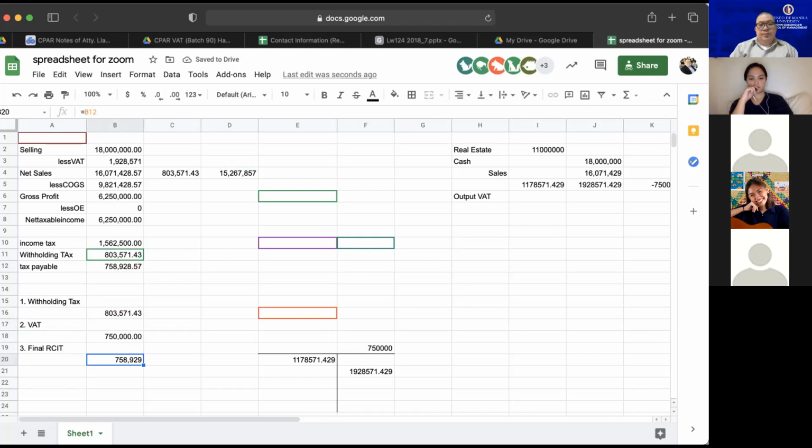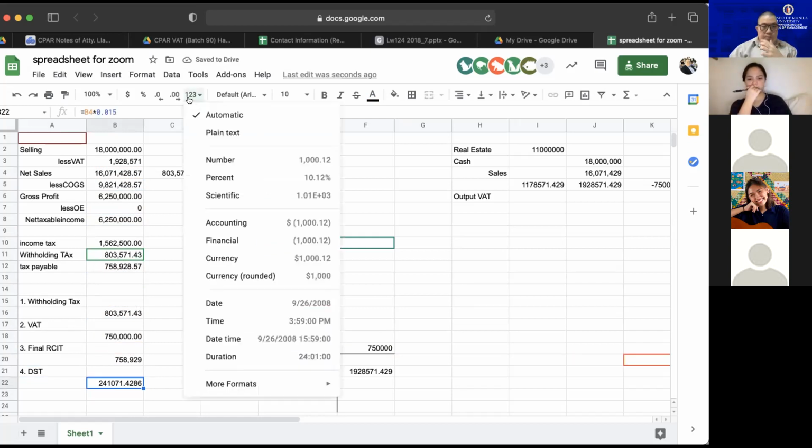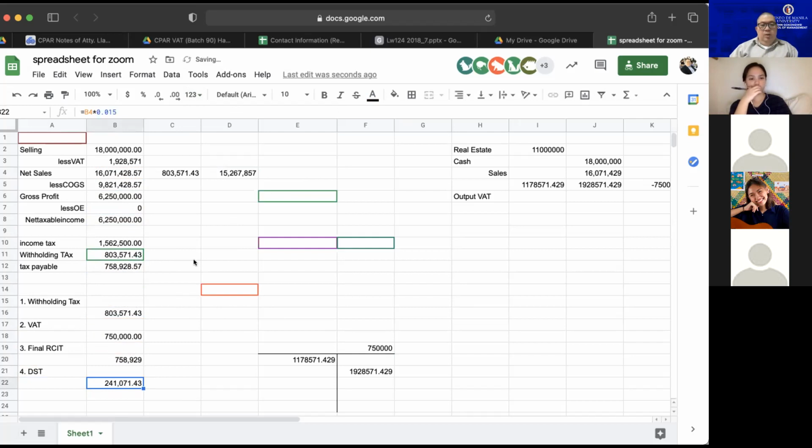There's another one: documentary stamp tax, which we will discuss in a few weeks. So for this transaction, these are the taxes you have to pay. Clear? Any question?